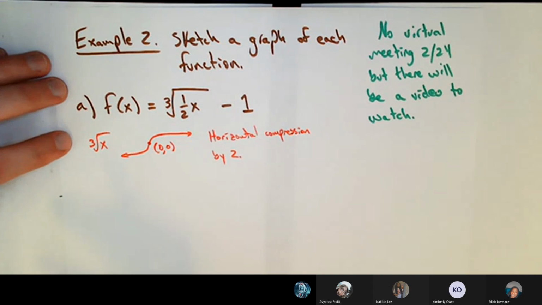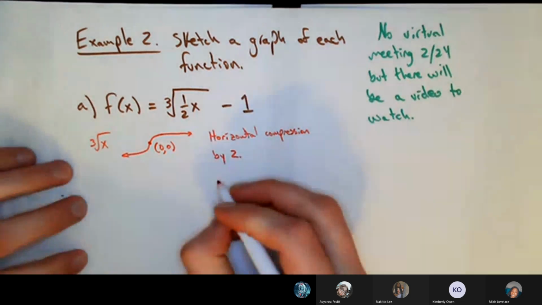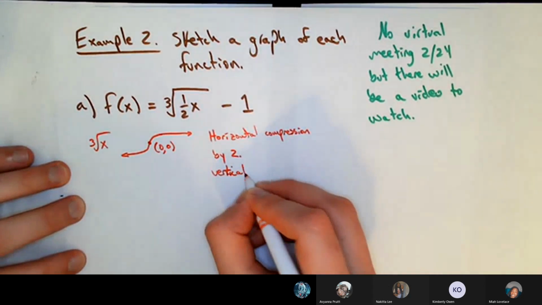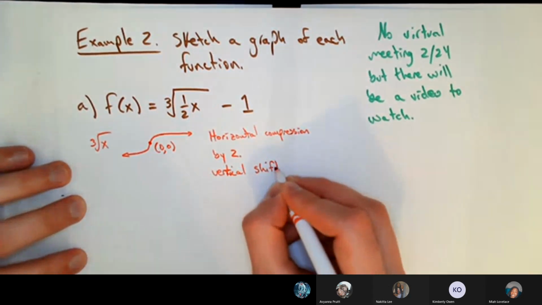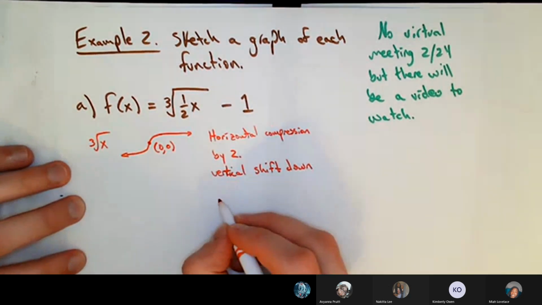So I'm cutting this in half. That's why I'm saying compression by 2. Okay. And I also have a vertical shift. Vertical shift down by 1 because of the -1 on the outside of the function.